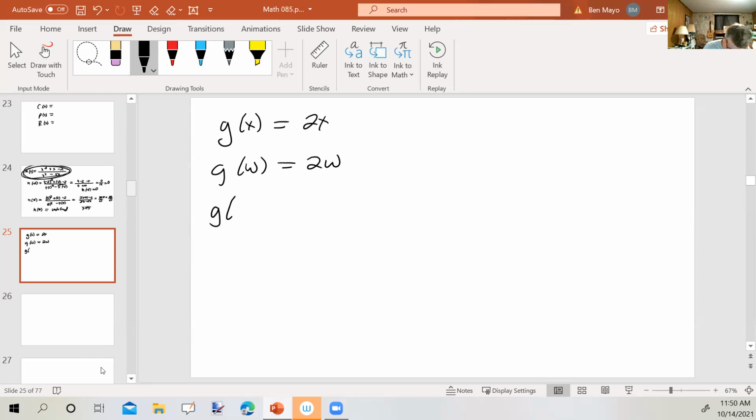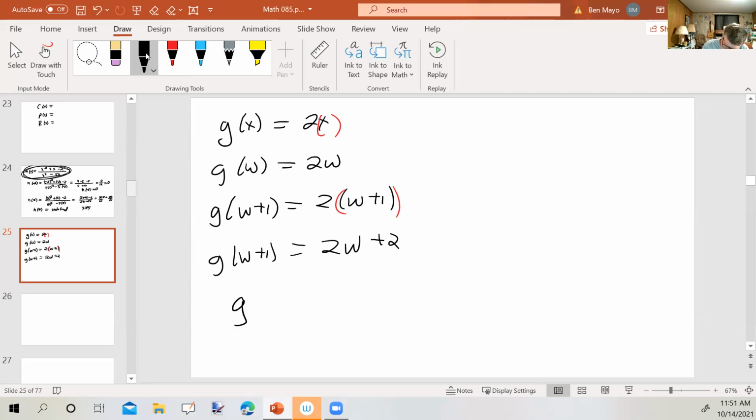What would g of w plus 1 equal? Well, then we would put w plus 1 in the place of x. So that would ultimately be what? 2w plus 2. Okay, so g of w plus 1. So basically, in general, we could say g of something equals 2 times something. Whatever goes here, and then produces the final answer.